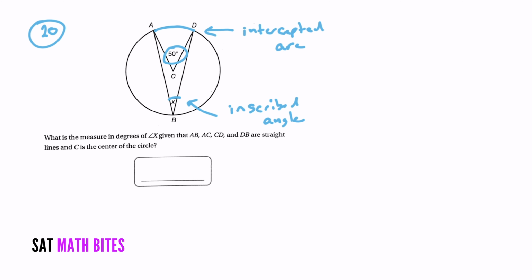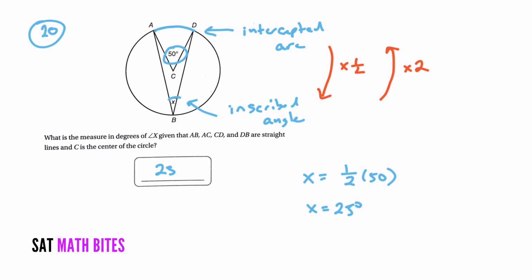An intercepted arc is always going to be double of the inscribed angle. So to go from an intercepted arc to an inscribed angle, we multiply by a half, or to go from an inscribed angle to an intercepted arc, we multiply by 2. So in this case, X would be half of 50. So X would be 25 degrees.